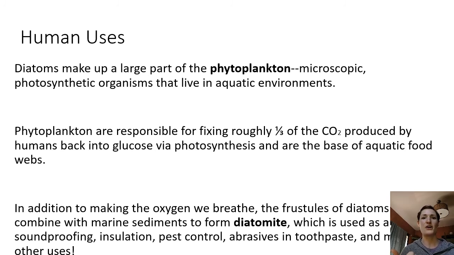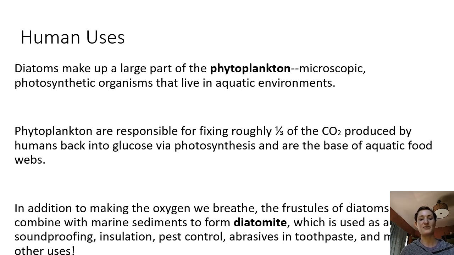So, we do our biomimicry where we're trying to figure out how to capture sunlight better for solar panels, but they are also used in toothpaste because they're little tiny pieces of glass basically, so it's a good abrasive. They're a huge component of glass because as their bodies fall down to the bottom of the ocean, they put that silica into the ocean sediments or into sand that we then use to make glass.